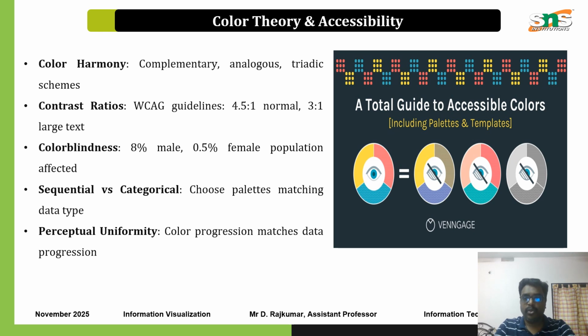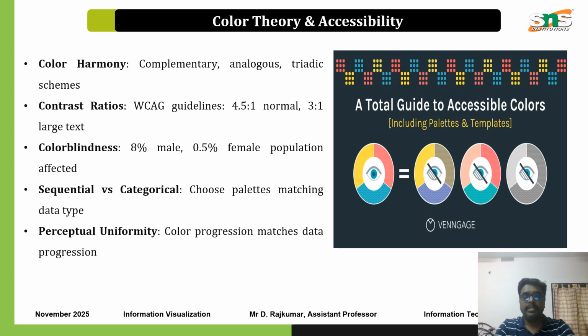Next is color. Color is a very important part of the visualization process because it helps us to present your data in a more colorful way. In color theory and accessibility, we are going to discuss color harmony, which deals with complementary, analogous, and triadic schemes. Contrast ratios are also very important, where we use the WCAG guidelines: 4.5 to 1 for normal text, and 3 to 1 for larger text.